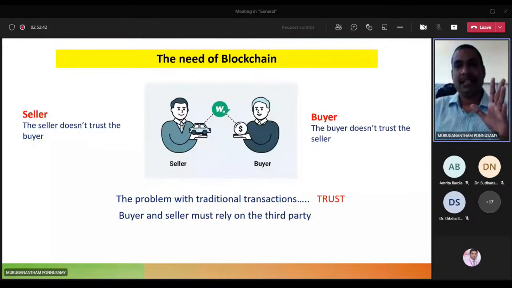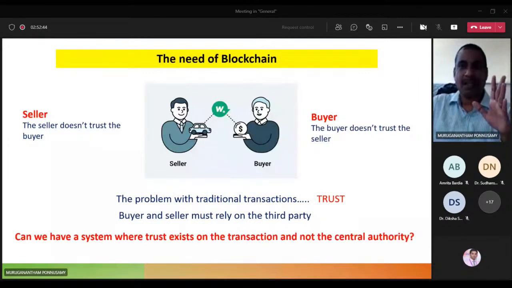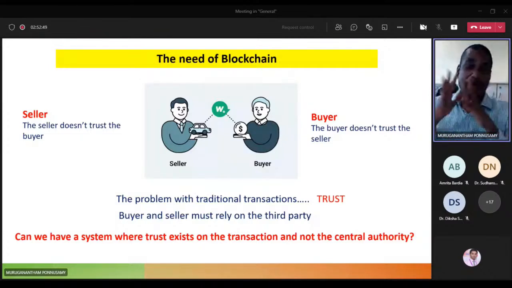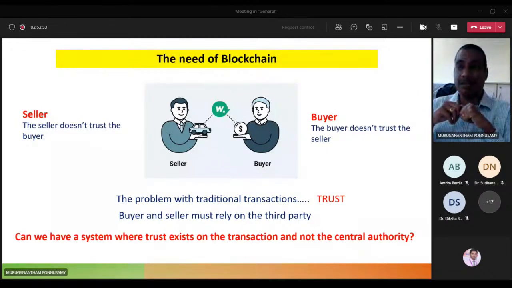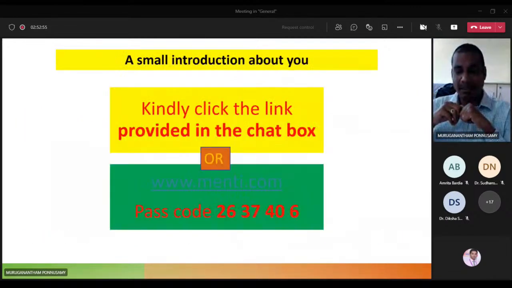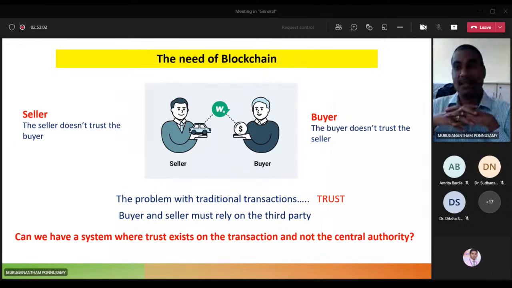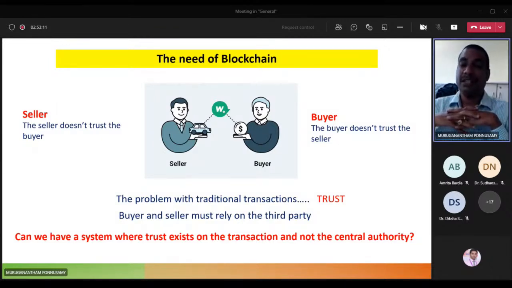Generally, we have a seller and a buyer. The seller is not trusting the buyer, and the buyer is not trusting the seller. So if it is international, we ask them to give an LC. If it is national, on some occasions we ask for a bank guarantee. We want a third party, right?